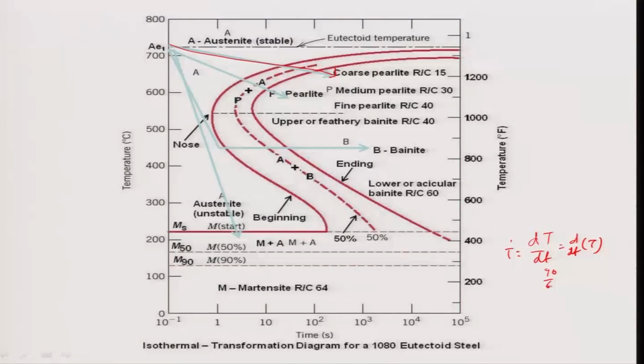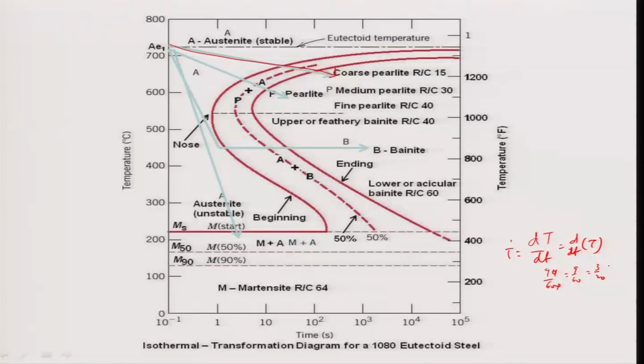So, that is about 90 divided by 600. 90 divided by 600 is how much? It is 9 by 60, 3 by 20, that is a very slow cooling rate, correct. Even less than 1 degree per second, or if you consider minutes, it is about 9 degrees per minute, that is not fast, that is very slow.